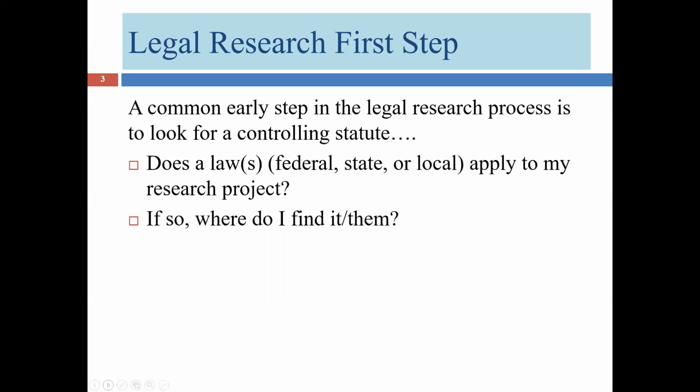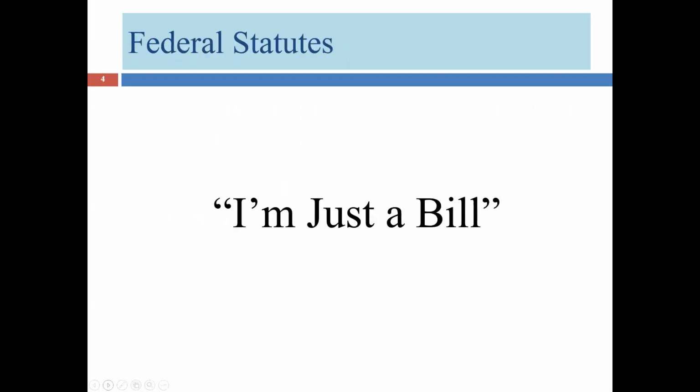And so that can be another way to figure out where the statutes might be. So those are four good tools in addition to the assigning attorney to help you figure out where those resources are. And we'll play around with some of that stuff later on in this presentation.